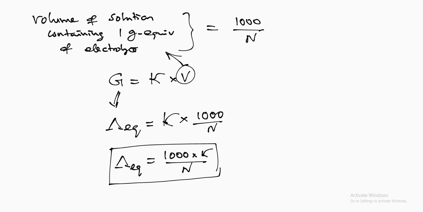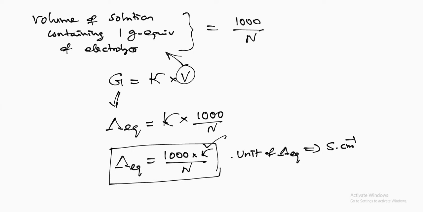Now what is the unit? Unit of equivalent conductance, let me write here. The unit of kappa here is Siemens centimeter inverse, because I defined that 1 cc volume of solution shows a conductance of kappa.